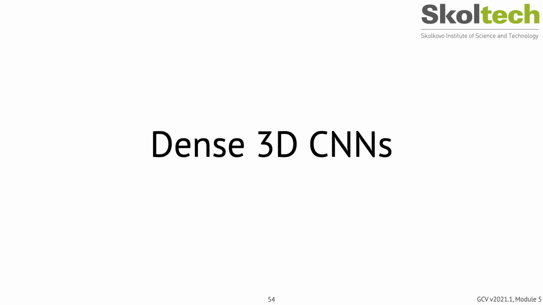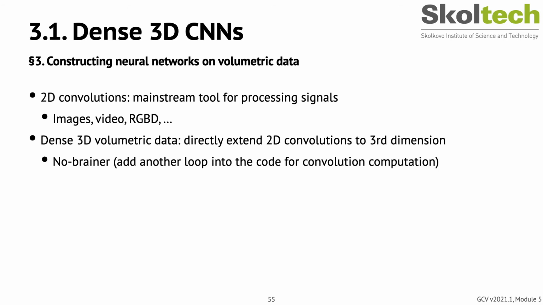Let us first review the conventional 3D ConvNets and see how dense 3D CNNs can be utilized. When the input is a 3D volumetric grid of values, such as a 3D occupancy grid or a volumetric TSDF, it is very tempting to directly extend the notion of 2D convolution to the third dimension. This has been successfully done previously by numerous works. 2D convolutions are actually a mainstream tool for processing signals.